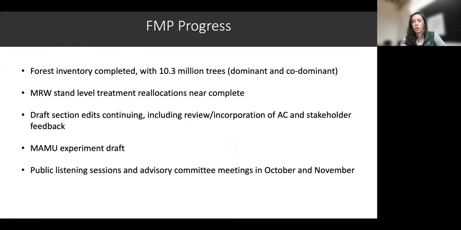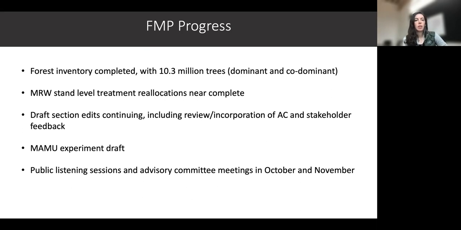So we're starting to work with that data, and a PhD student of Bogdan's, who helped with the forest inventory as well as some of the ground-based LIDAR and drone LIDAR work this summer, is working with us directly on that database as we start to use that data for this next phase of developing information for the forest management plan.